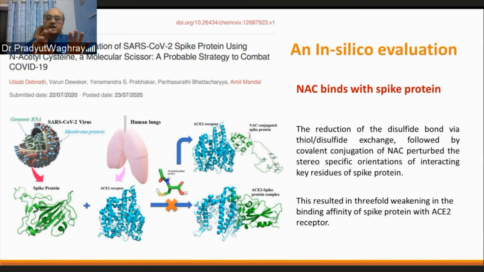So the reduction of disulfide bond with the production of thiol derivatives results in a threefold weakening in the binding affinity of spike protein of the virus with ACE2 receptors. The binding of the virus to the ACE2 receptors is significantly weakened, so the virus entry into the cell is significantly reduced. This is done by the antioxidant activity of the N-acetylcysteine.